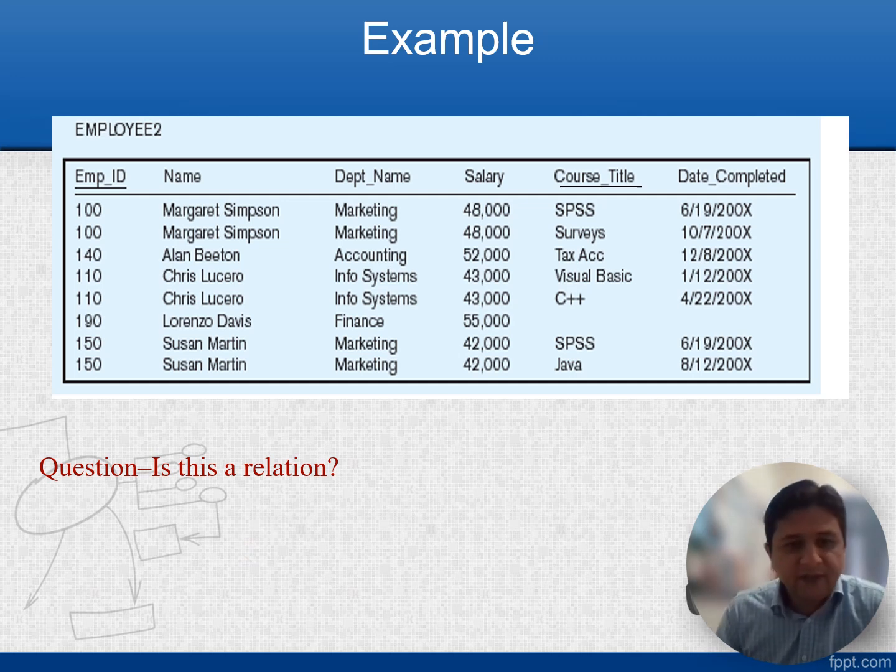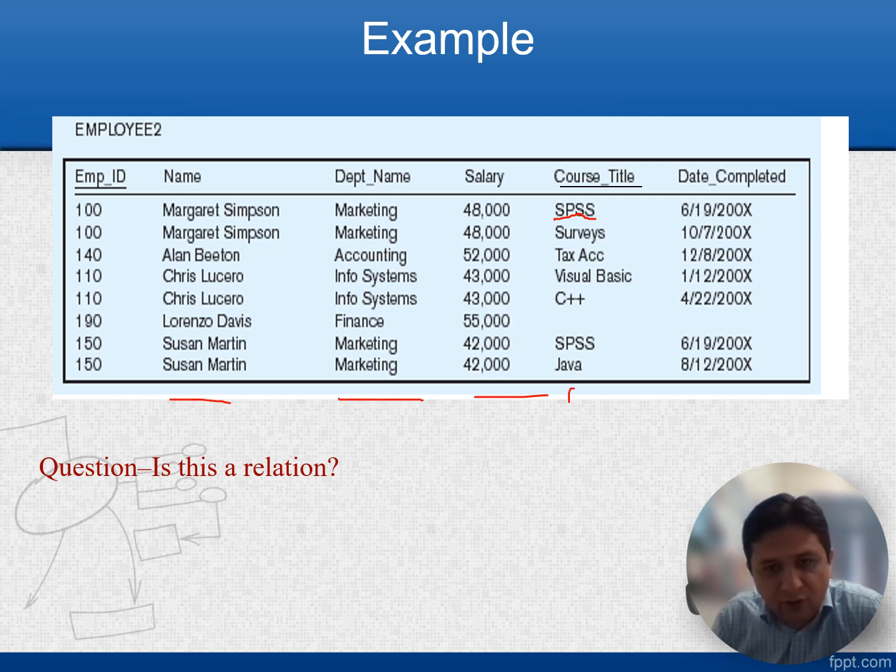So for example, there is an employee taking this SPSS course. I'll add his data over here, but I'll have to duplicate this SPSS entry. So basically I'm forced to duplicate some data. It means that insertion anomaly is there in this particular relation. Insertion anomaly is that whenever I want to add data to a relation, I'm forced to duplicate some of the data, and that is the case in this particular relation.